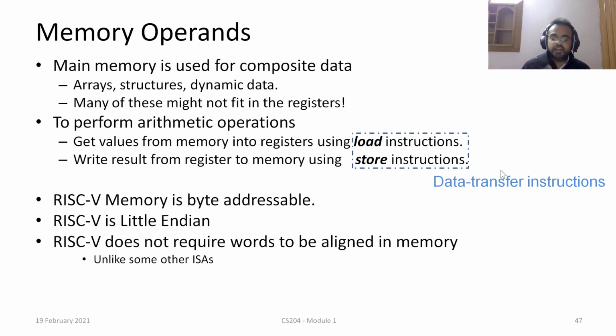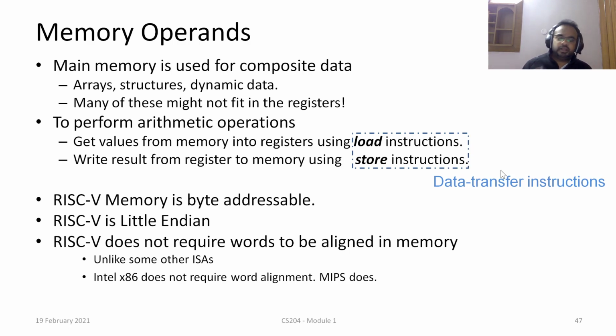But word alignment is one of the primary requirements for many ISAs that we currently see. A couple of other ISAs that do not require word alignment are the popular x86 ISAs, and one example of an ISA which requires word alignment is MIPS.